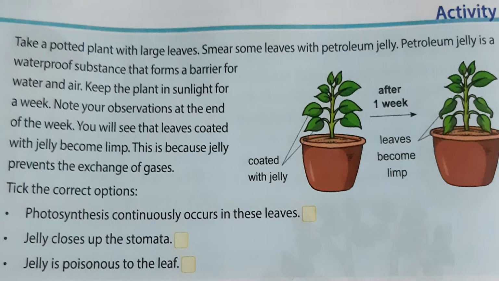This is because jelly prevents the exchange of gases as it closes the stomata. Understood, children? Do this experiment after the class. Now, let us know about products of photosynthesis.